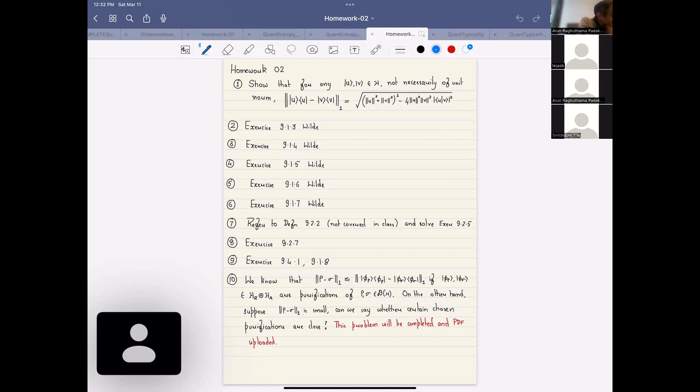9.2.7. So the fidelity is invariant with respect to isometry, right? Yeah. So when you apply the isometry, you get a non-square operator. Like when you do U rho U dagger, you will get a square operator.